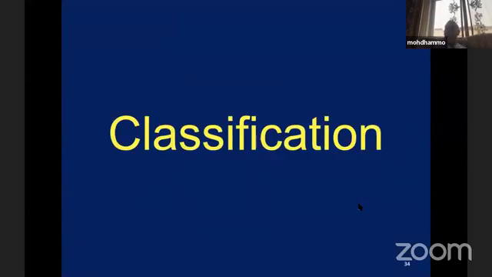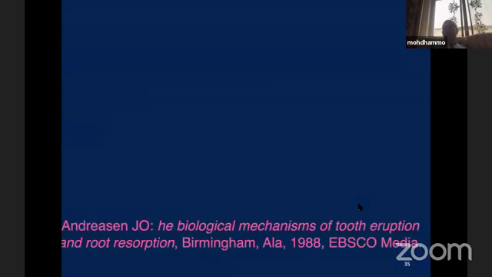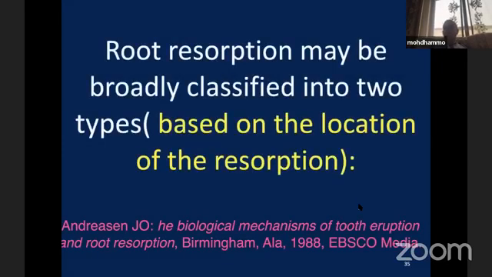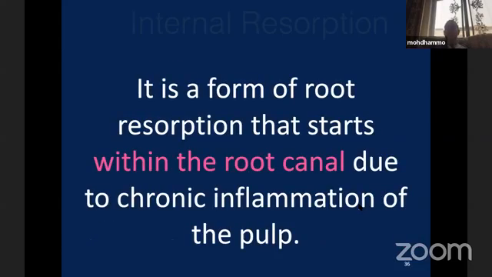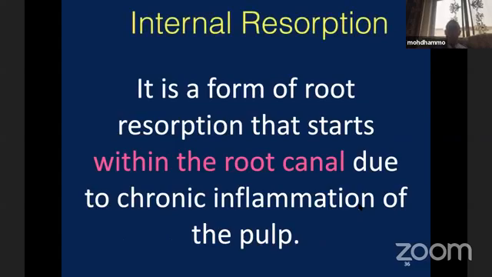And when we talk about resorption, we have to make the classification. The most popular classification is by Andreasen. He classified root resorption according to the location into two types, either internal resorption inside the tooth or external resorption outside the tooth. So let's talk about internal resorption.